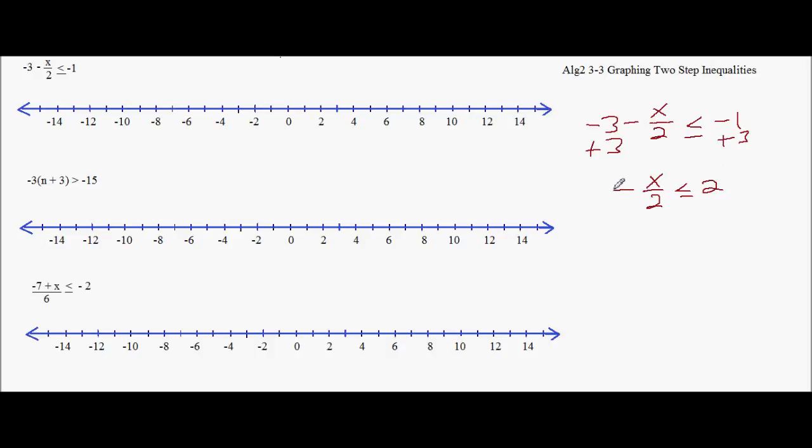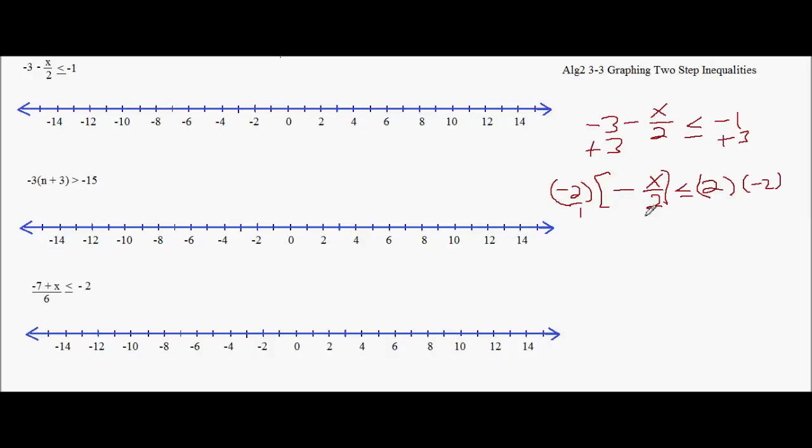Now I am going to multiply this side by -2, and I'm going to multiply this side by -2. The reason I'm going to multiply by -2 is I have to get the x to be positive, and this 2 is going to be over 1, so I can cancel, and then I can cancel out the -2.